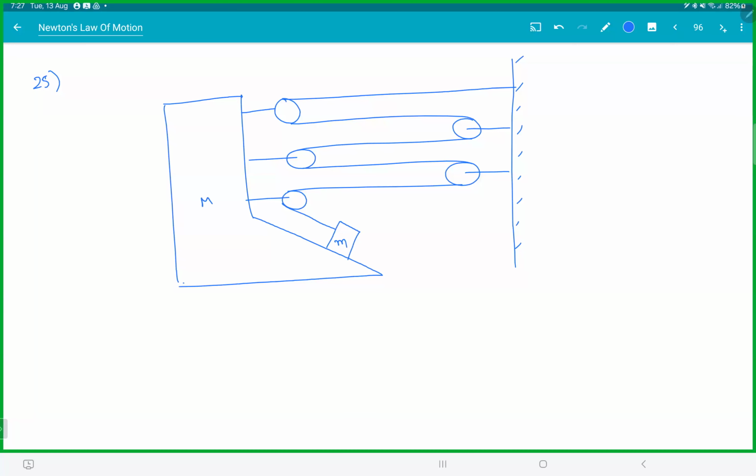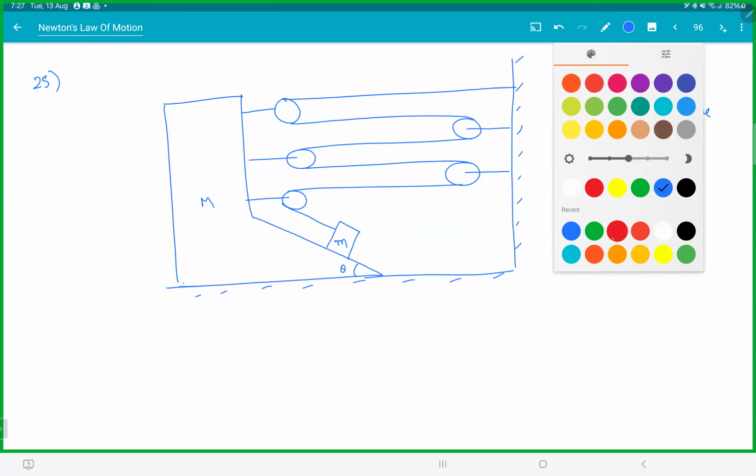This is small m, this is capital M, this is theta. Again, all surfaces are smooth. So if you leave this, the big one will actually go to the right side. The small block will slide down, pulling this thing.